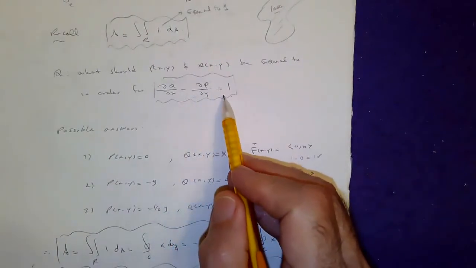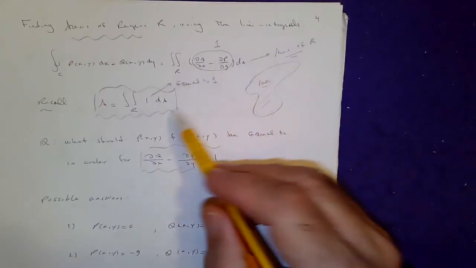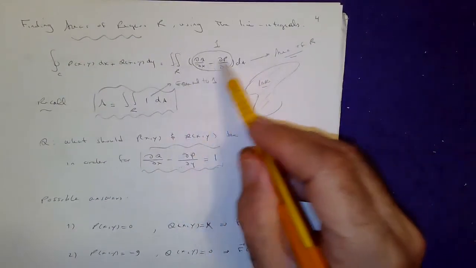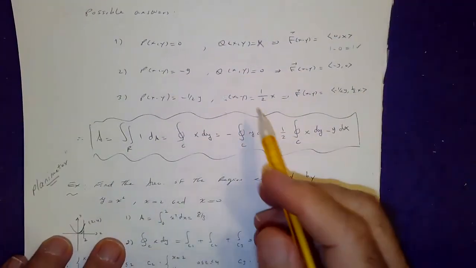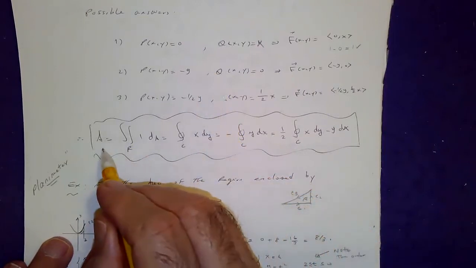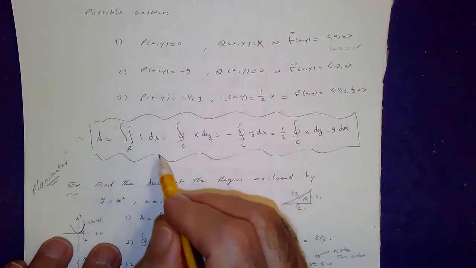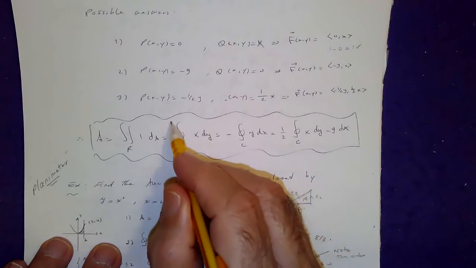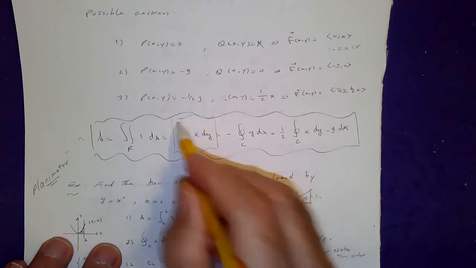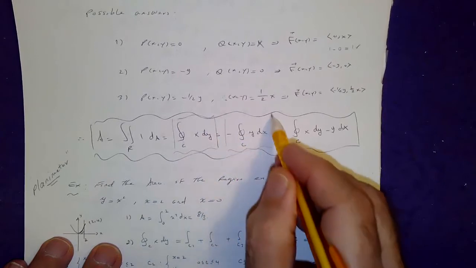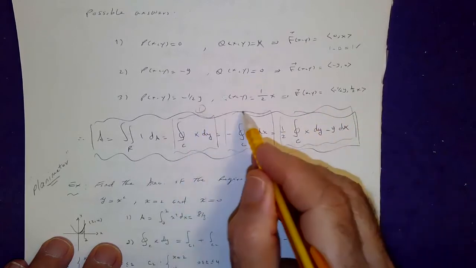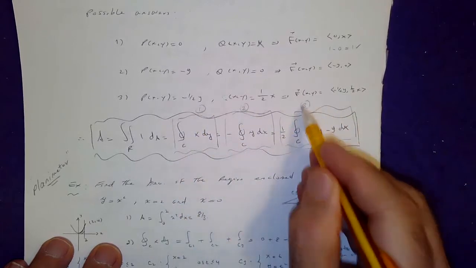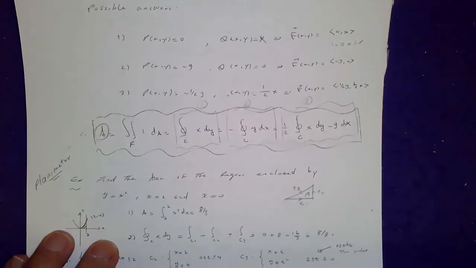In that case, the difference of these two partials is also 1, and therefore this line integral finds the area of the region R. So if you summarize these three scenarios, the area can be found by using a line integral, either this line integral, or this one, or this one. So there are three ways to use the line integral to find the area of a closed region.